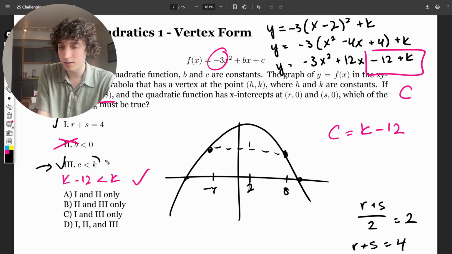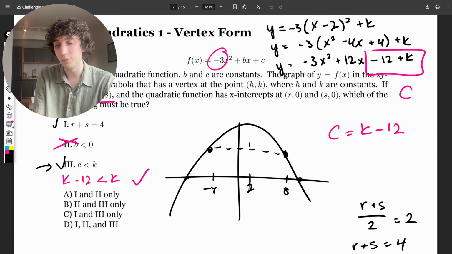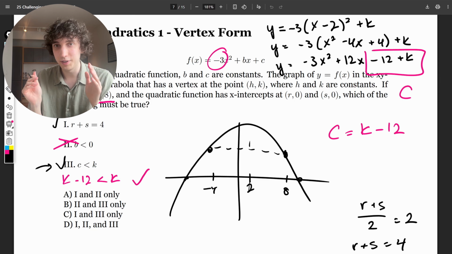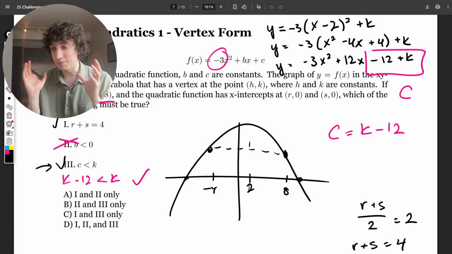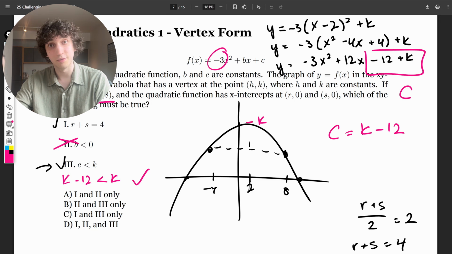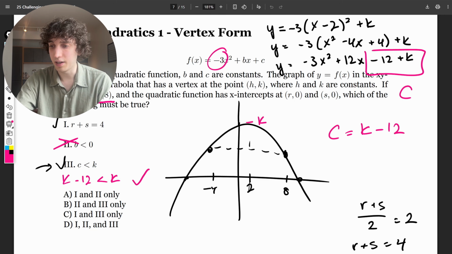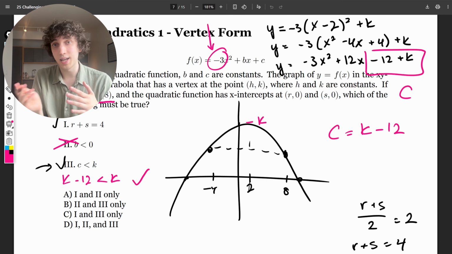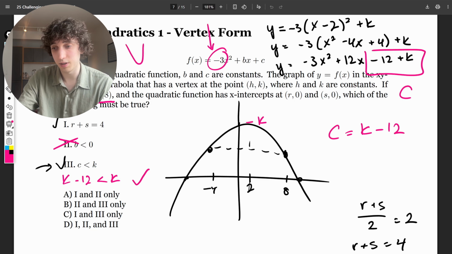However, if we're just asked whether c is less than k or not, we can actually solve this graphically because k and c both can be easily spotted on the graph. K is the y-coordinate of the vertex, so it's your maximum of the quadratic. And by the way, I know the quadratic is downward facing because our a is negative. If a were positive, it would be upward facing.